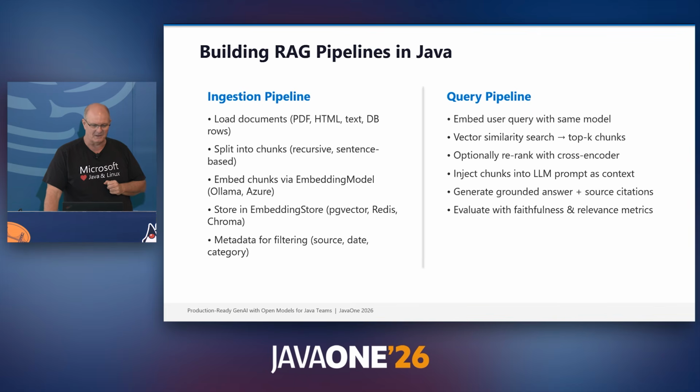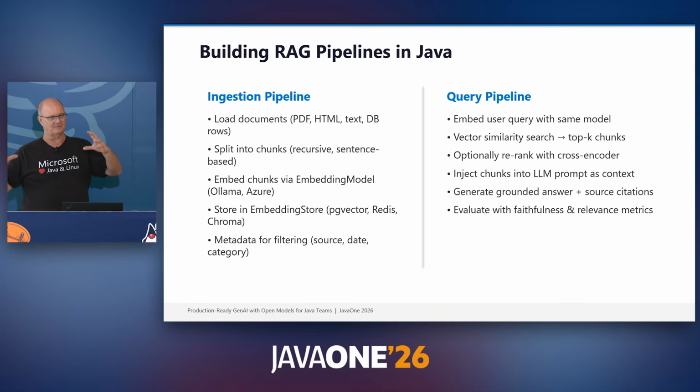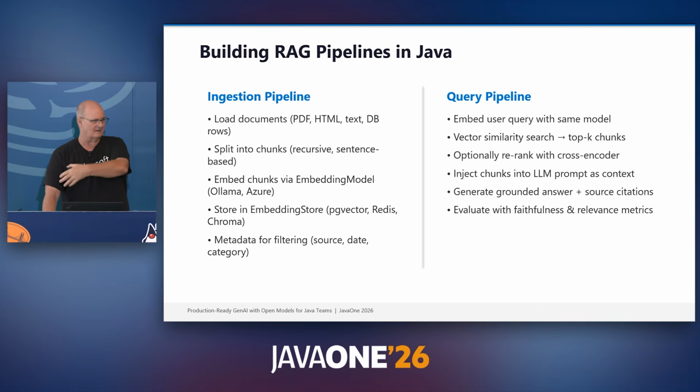And then you have a query pipeline. So you've got an ingestion pipeline that gets things ingested into memory, and then you can query those with user queries using the same model. You use vector similarity search to check for chunks of data inside the vector store. Inside large language models, all the data is pretty much stored in vectors, and this just adds another vector store outside. The vector store is queried first.